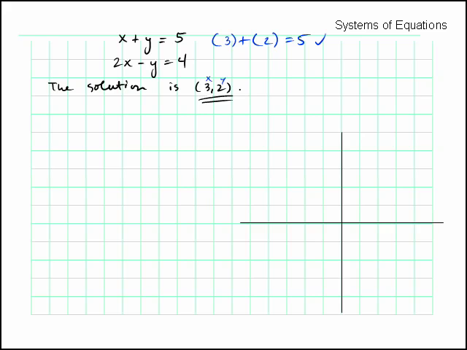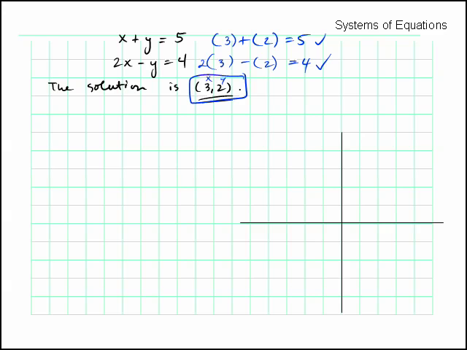Notice that that works. 3 plus 2 is 5. It also works for the second equation. If I plug in 3 for the x and 2 for the y, that's 6 minus 2, that equals 4. So (3, 2) works for both equations, therefore it is the solution of the system.